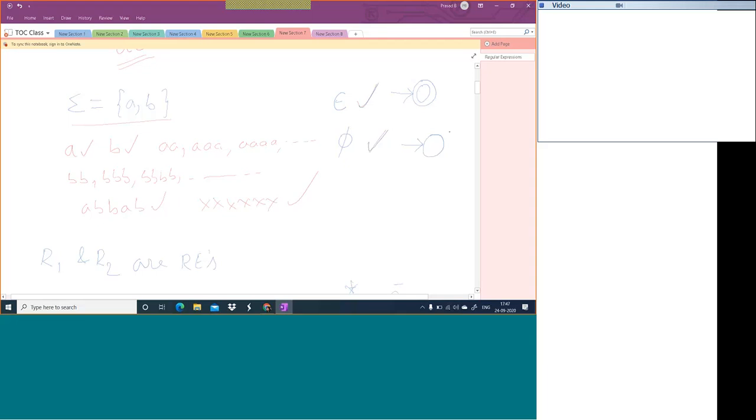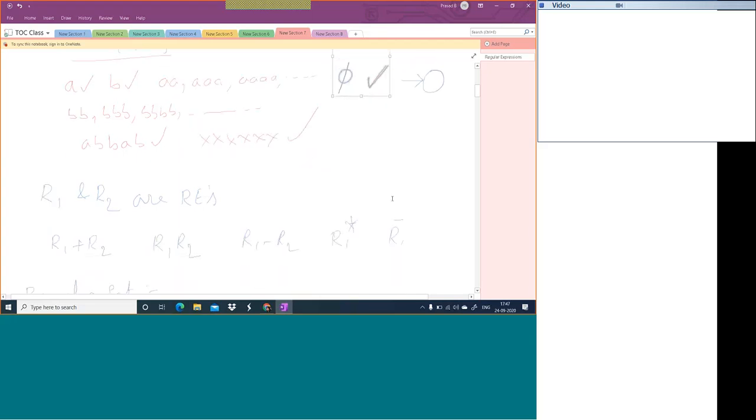Phi is this one, empty. So every element and any combination and epsilon and also phi are regular expressions.